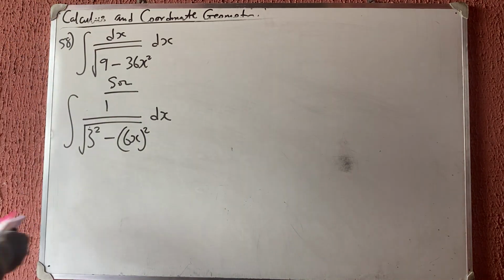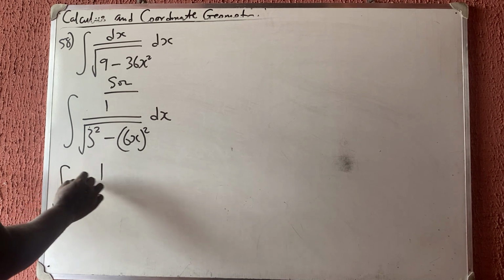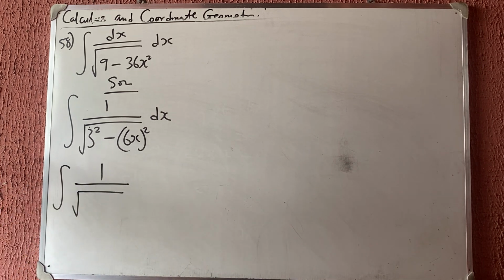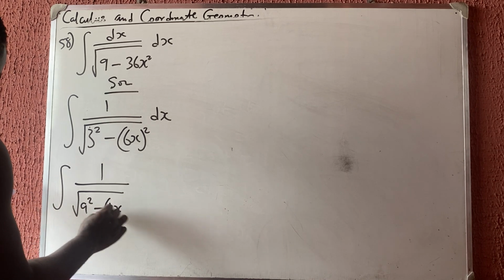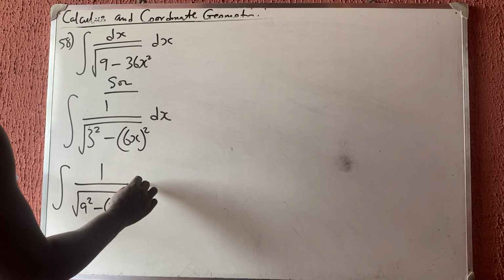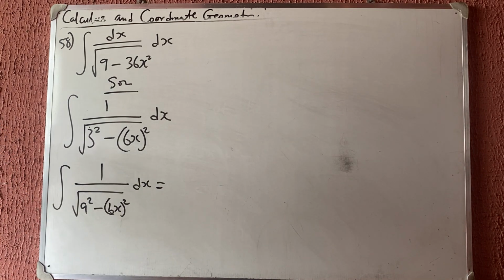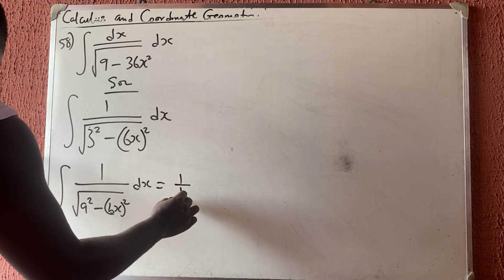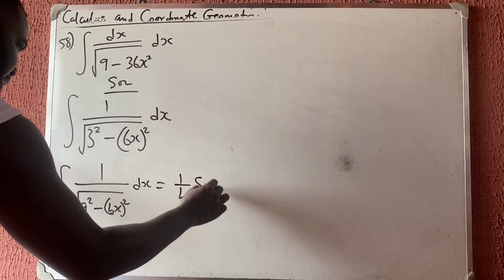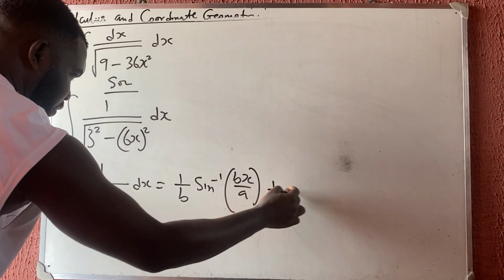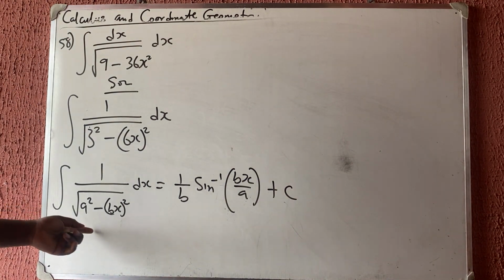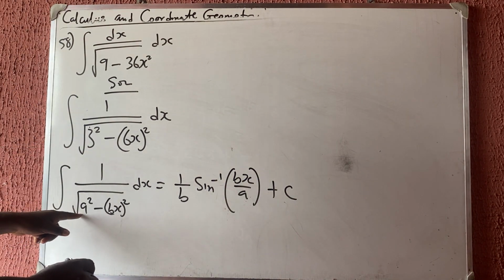According to the standard integral from my past question, the integral of 1 over the square root of a^2 minus (bx)^2 dx is equal to 1 over b sine inverse of bx over a, plus a constant. So if you compare these two, you see that your a is 3 and your b is 6.